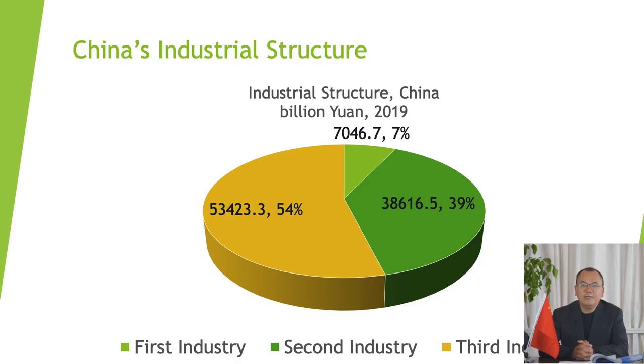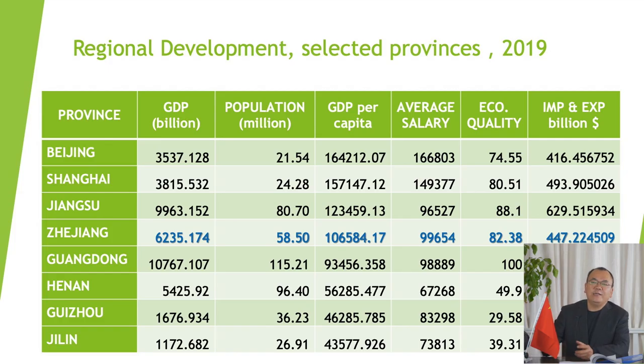You can see that China has the first industry at 7%, the second industry at 39%, and the third industry at 54%, compared with the United States, which is 80% in the third industry. So according to what we have discussed just now, we can see that China is still a developing country.